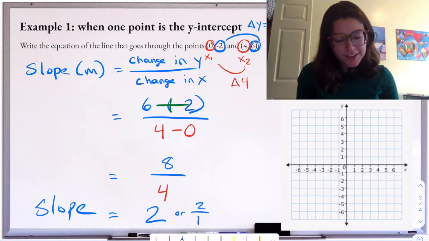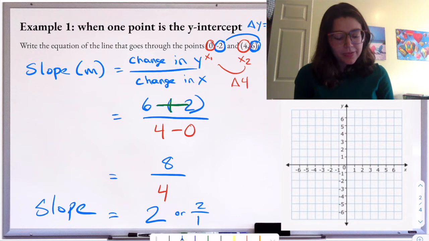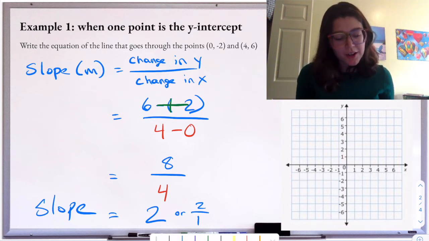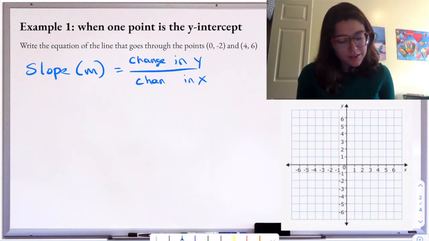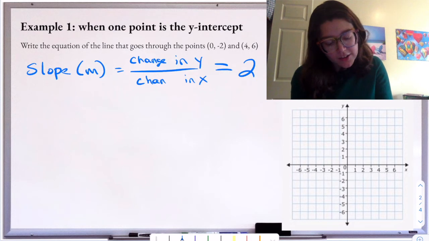That is good. Now I need the y-intercept in order to write the equation of the line. So there is some algebra that we could do to find the y-intercept, which I'll show you in the next example. But we actually were told the y-intercept because we have the point (0, -2).